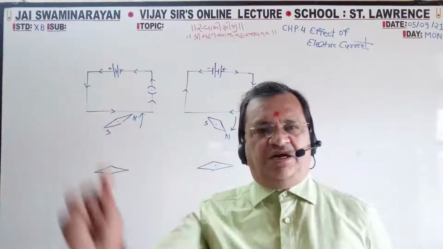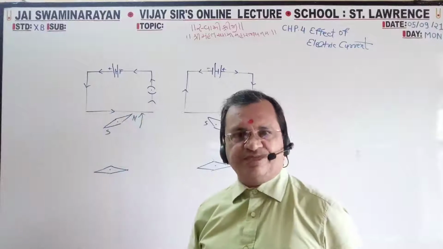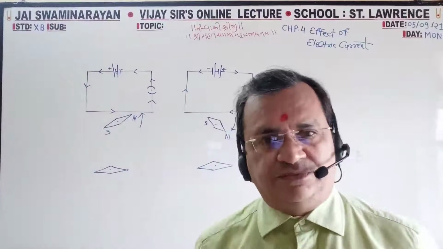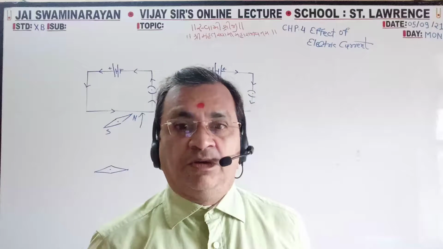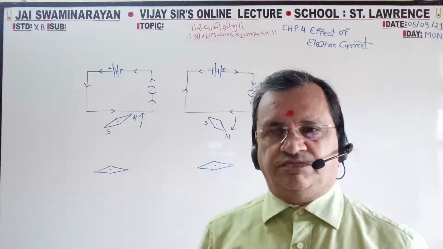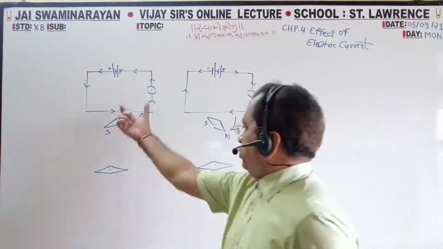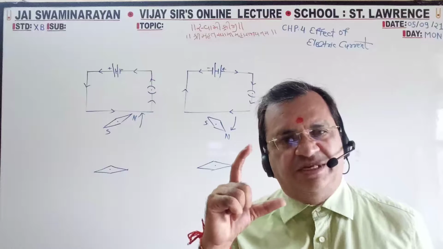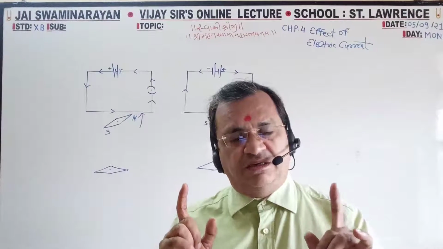When electric current flows through the conducting wire, this is the conducting wire. When the electric current flows through these wires, a magnet is produced. So when it is at a far distance, no fluctuation in the magnetic needle.